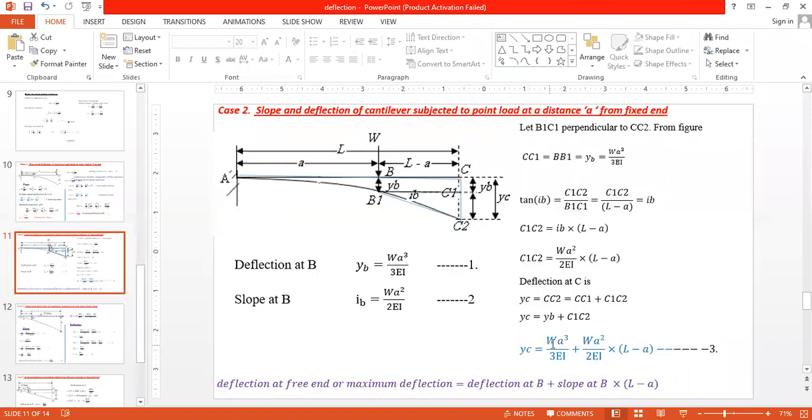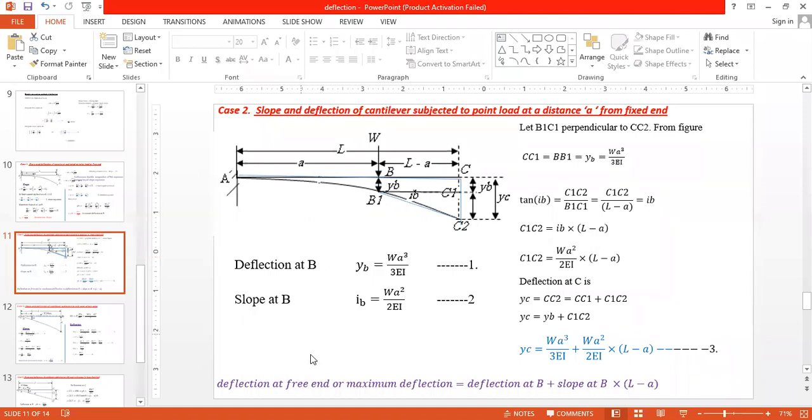This is the deflection when load is at free end, this is the slope when load is at free end, and this is the distance of load from the free end. Only here L will be replaced by a, because the load is at a distance a from the fixed support.